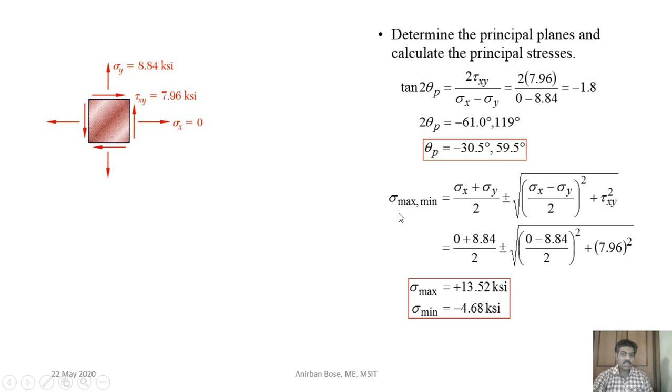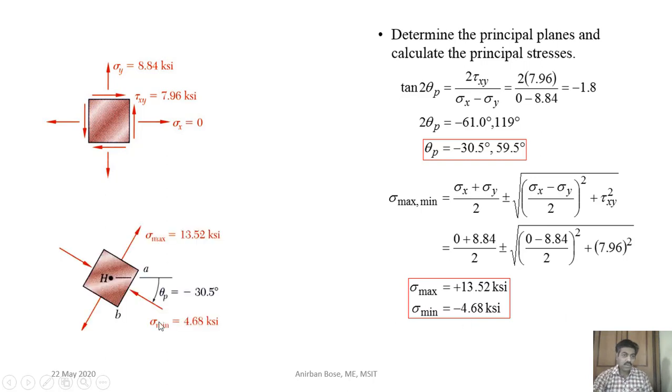Now you find out sigma max and min using this formula, and you get these values of sigma max and sigma min. So you can see that sigma max and sigma min are at different orientations. One is at minus 30.5 from the x-axis, where it will be the sigma min, and another one is 59.5, where it will be the sigma max.